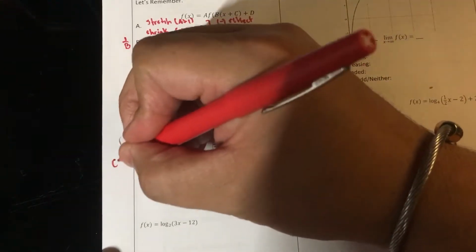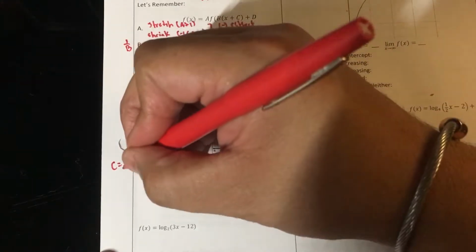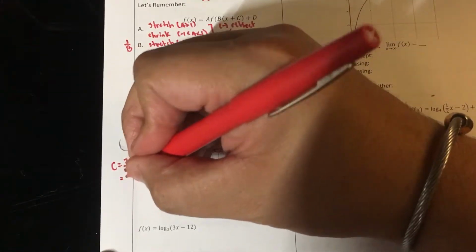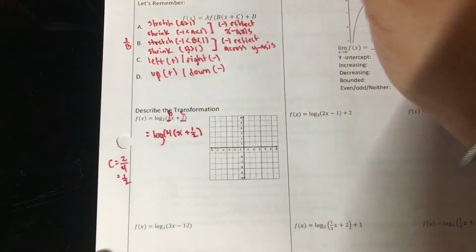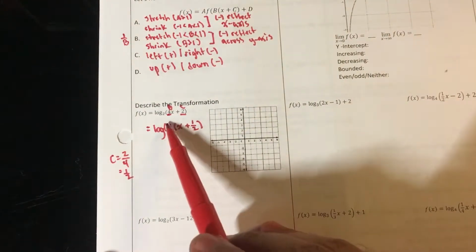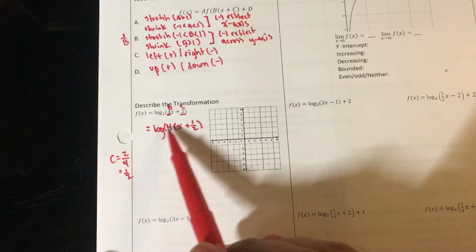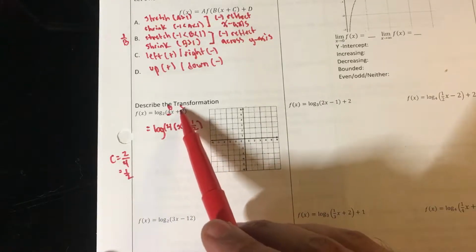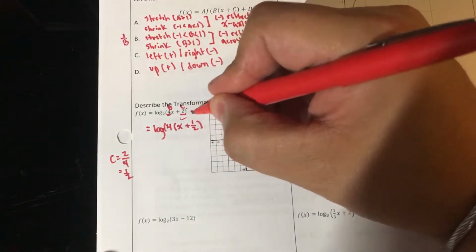And the c value is going to be this value, 2, divided by this one here, 4, which is 1/2. And the reason it's that is, if I were to redistribute, 4 times x is 4x, like I see here. 4 times 1/2 is 4 divided by 2, which is 2, which is what I see here. So this is actually equal to that.